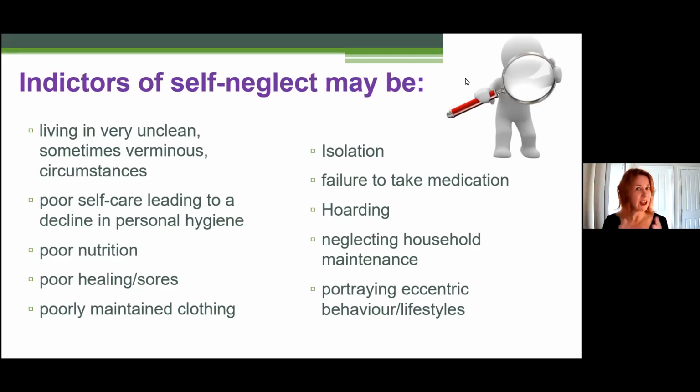This creates a system where they're isolated from their community. Maybe they're embarrassed to bring someone back. Failure to take medication, which can lead to health issues. The hoarding issues we've talked about, and household maintenance, as I've said.